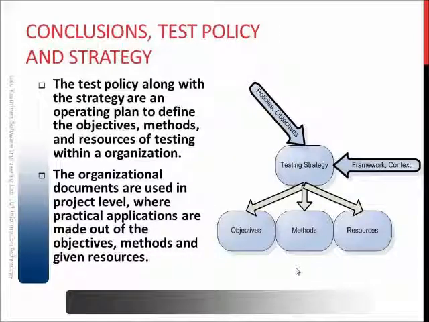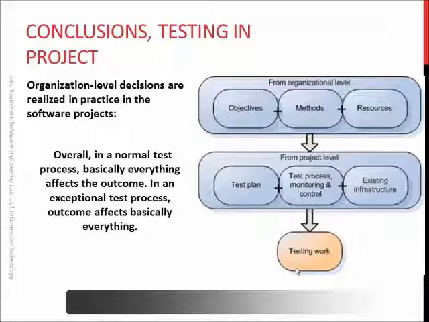The projects themselves try to do things as the strategy defines, and from the objectives, methods, and resources, we go to the actual test plan, actual test process, monitoring what we are testing, collecting the metrics to see that everything is done correctly or that the project advances, and controlling things if they aren't working out.